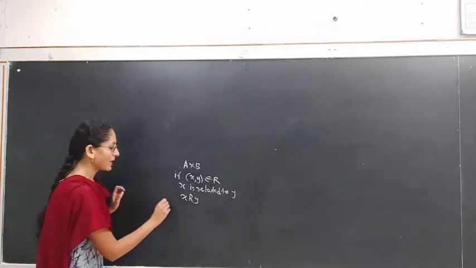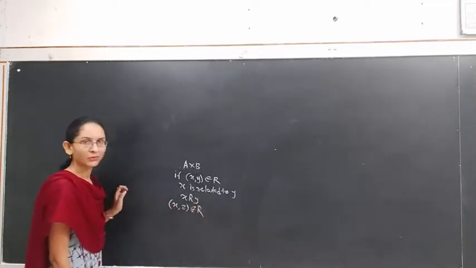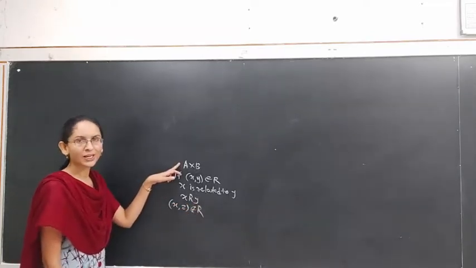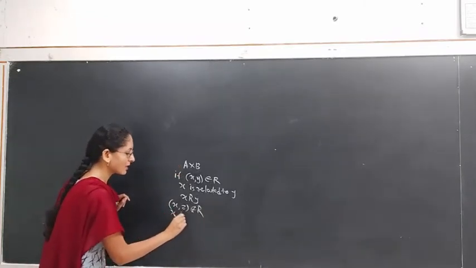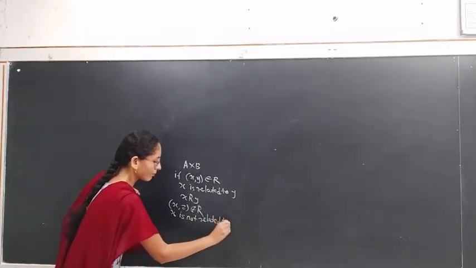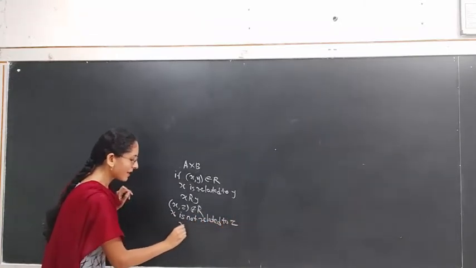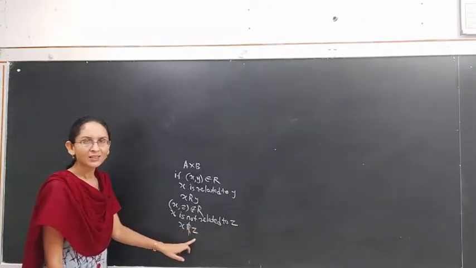If some ordered pair, suppose (x, z), does not belong to set R, but (x, z) belongs to A cross B, then we say x is not related to z, and we write this mathematically in this form.